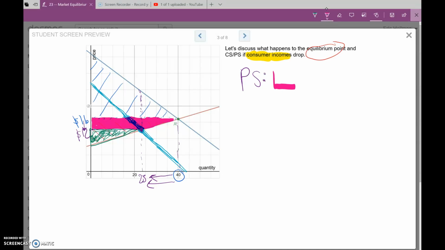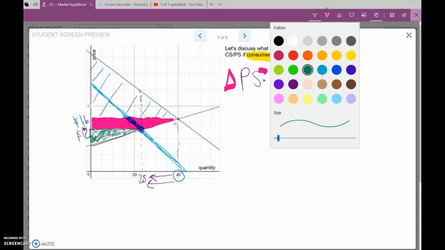And it is negative. So negative pink trapezoid is the change in producer surplus. That brings us to the change in consumer surplus. On the consumer side, the original consumer surplus was the blue shaded triangles that we did there.